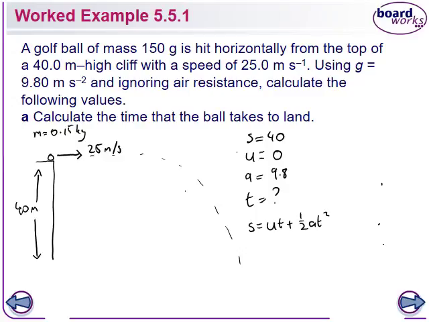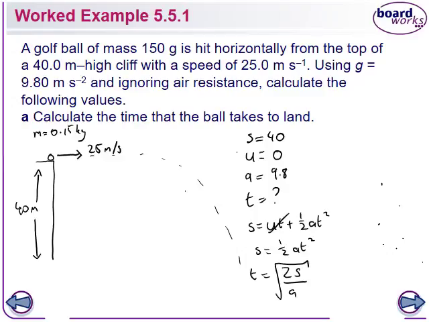Now we need to rearrange this a little bit because we're trying to solve for t. Straight away we know u is 0, so ut is also 0, so we can get rid of that. So we get s equals 1/2 at squared. If we rearrange a little bit, we get t is equal to the square root of 2s on a.